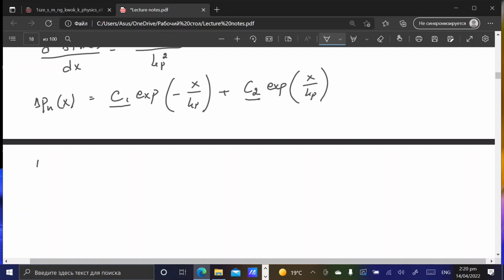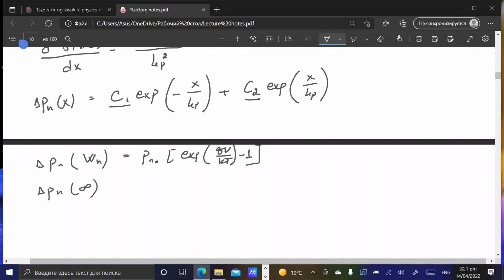Our boundary conditions: delta Pn at Wn is equal to Pn naught times exponent QV divided by KT minus 1, and delta Pn at infinity, very far from the interface, should be equal to 0.